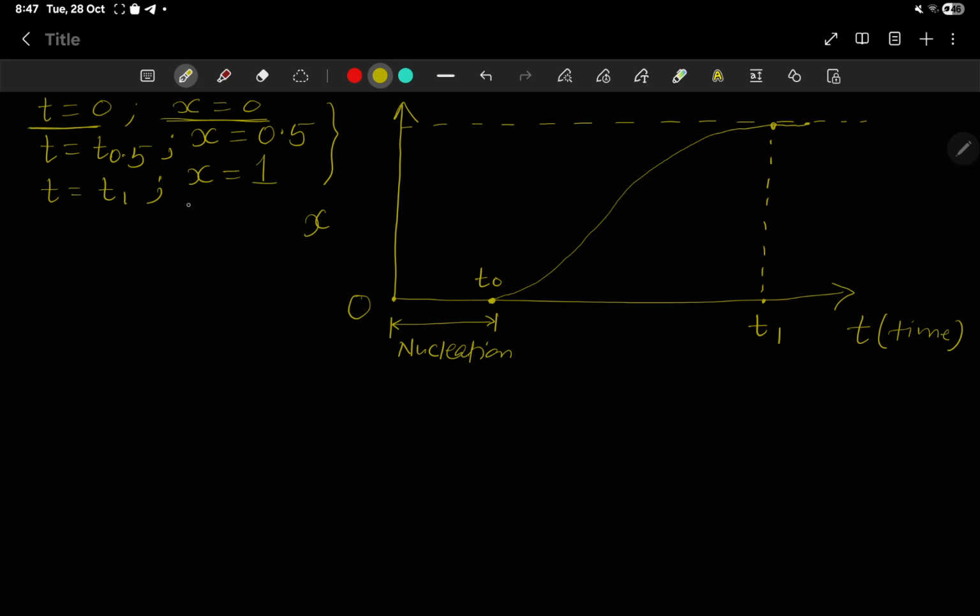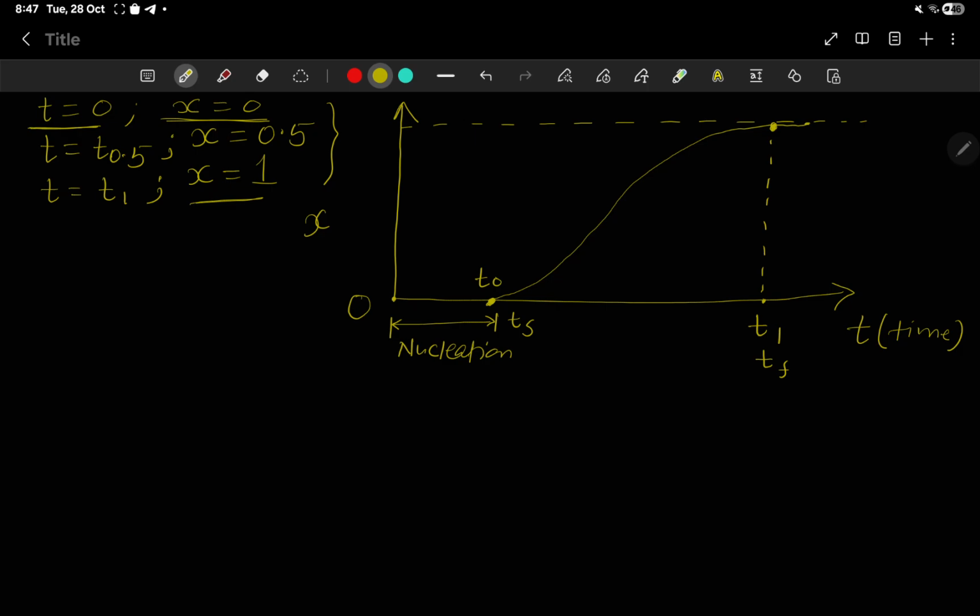Here we will get x value as 1. So this is the start of solidification, t0, and this is the end of solidification. We call these extreme points ts and tf.